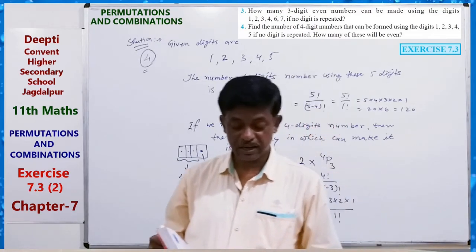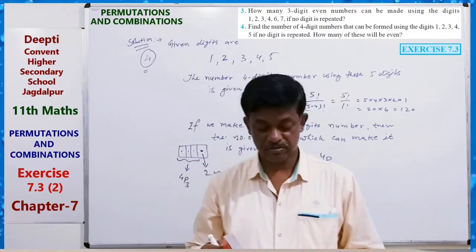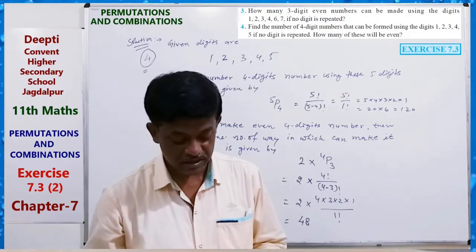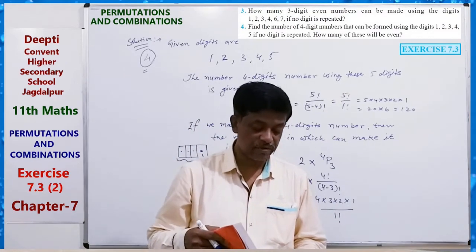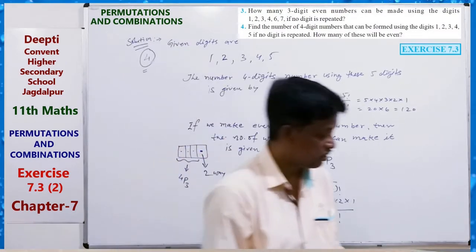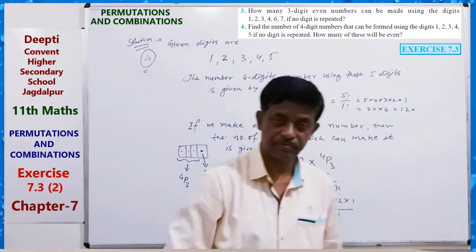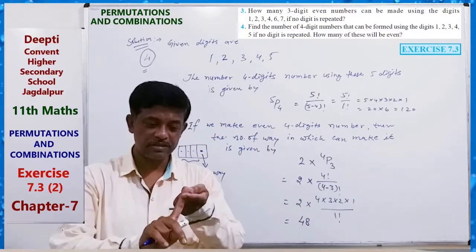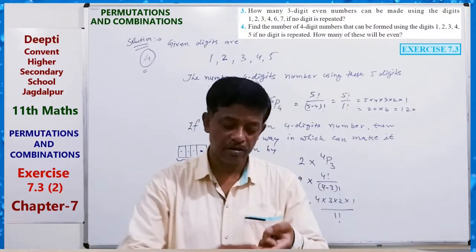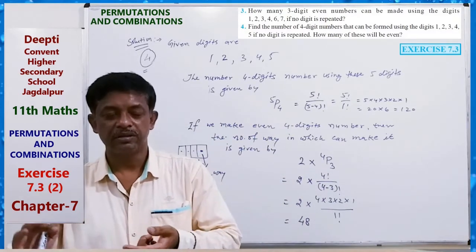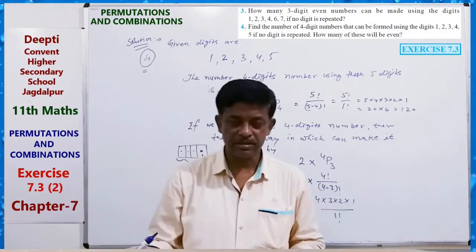So here, from a committee of 8 persons, we have to choose a chairman and a vice chairman. That means we have to select 2 persons.